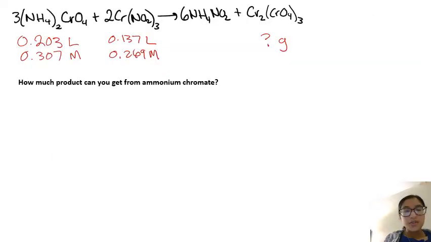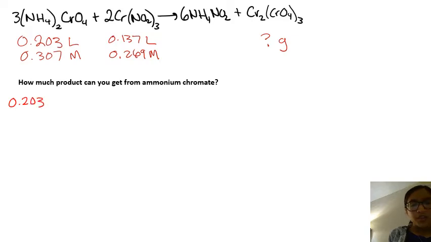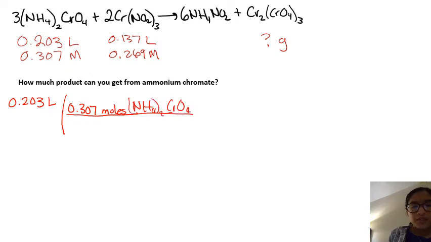All right, so we're going to start with the ammonium chromate, the first one they gave you. So we have 0.203 liters of the ammonium chromate, and from the molarity, 0.307 moles of ammonium chromate are found in every liter of ammonium chromate.